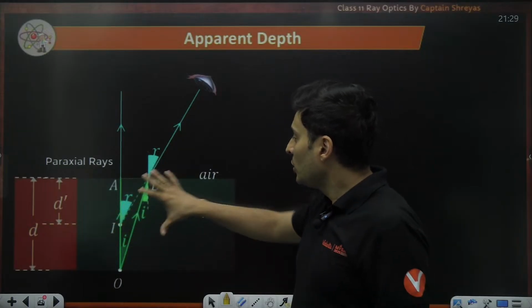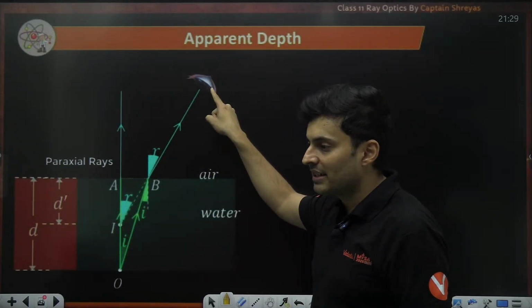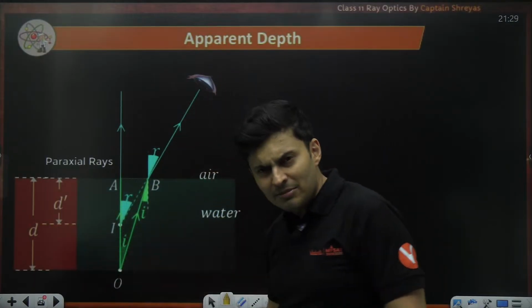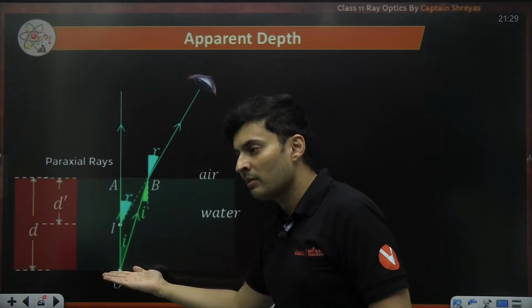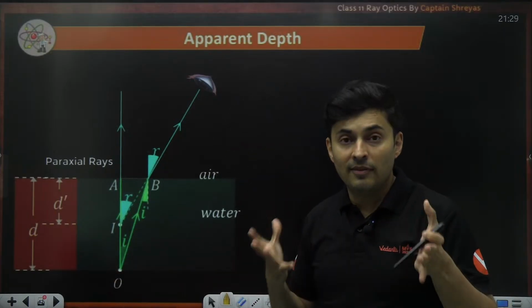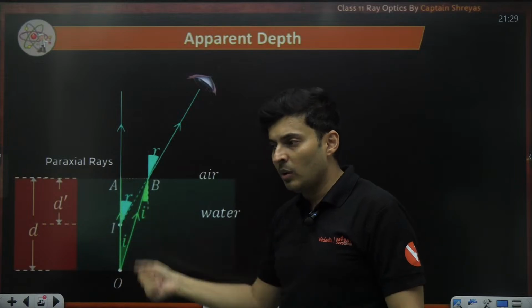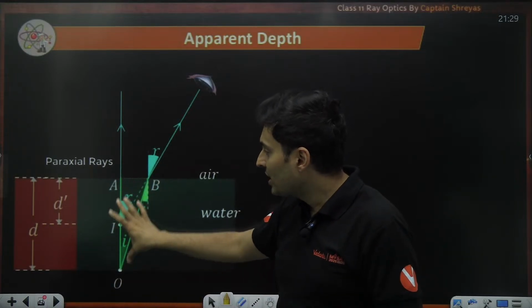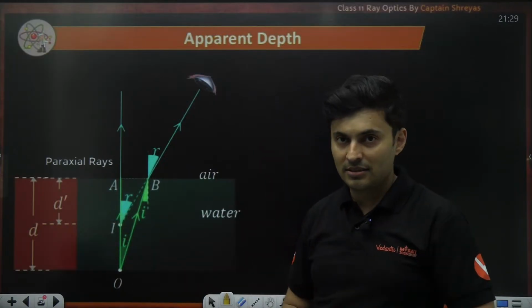Whenever you are in a rare medium like this, the observer is in a rare medium, and that observer sees something immersed in a denser medium, like the base of the swimming pool. The observer will find that the rays are actually emerging from a point much above it. So you will find the depth to be much shallower than what it actually is.